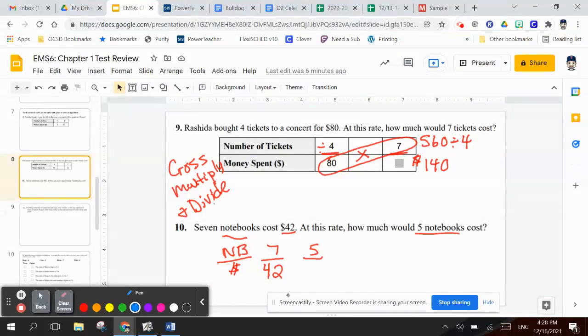To solve, I want to cross multiply. I take the opposite denominator times the opposite numerator. So 42 times 5, which is 210. And we're going to divide that by the only number we have left, which is 7. 210 divided by 7 is 30. And we're talking about dollars.